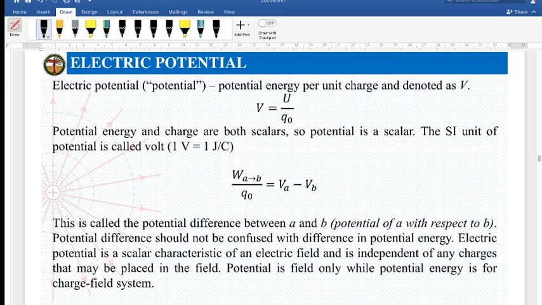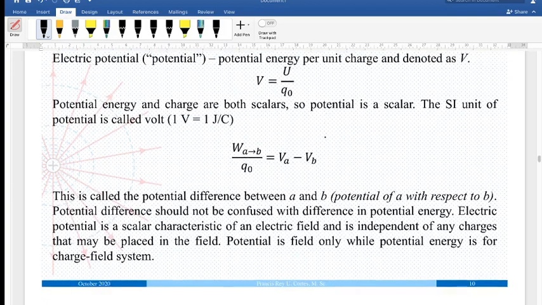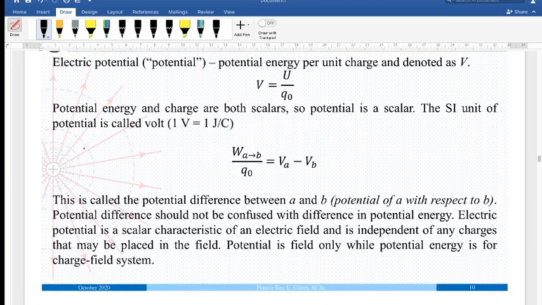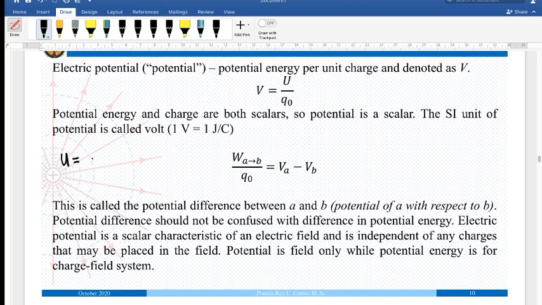Because of this relationship, you already know that U is actually equal to the work, right? So if you divide both sides by Q sub naught, the work done by the electric force is just equal to the voltage.